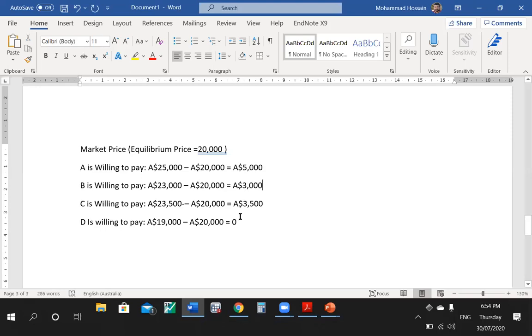If you add this all up, 5 and 3 is 8, and 3,500 makes $11,500. So the total consumer surplus is $11,500.